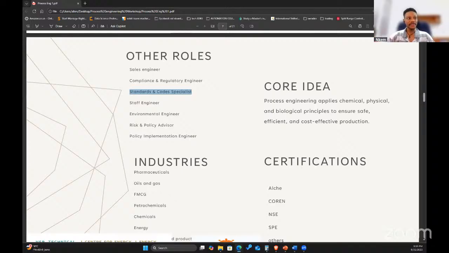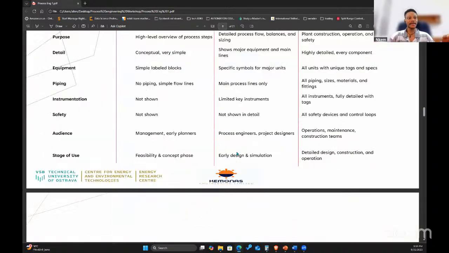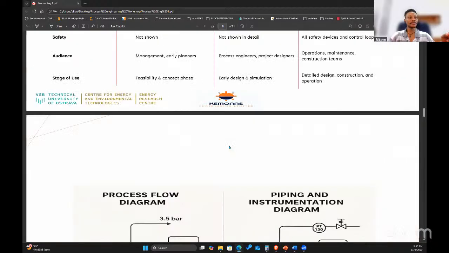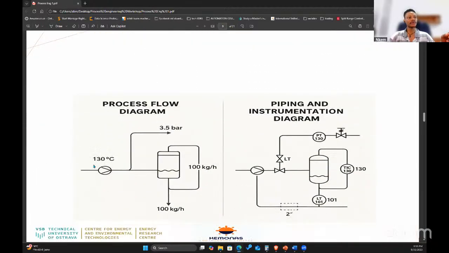Without these standards, there's going to be a problem, because anybody can decide, okay, I want to draw this, and you decide whatever symbol you choose here. Let's say you already know what a heat exchanger looks like in real life. You decide to draw a heat exchanger the way it looks like here. And then there is another plant close by, your neighbor. He wants to draw a heat exchanger.